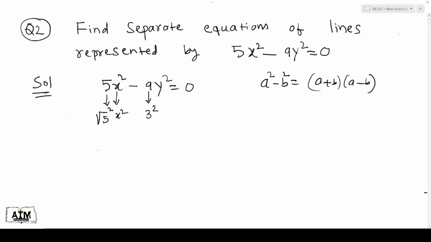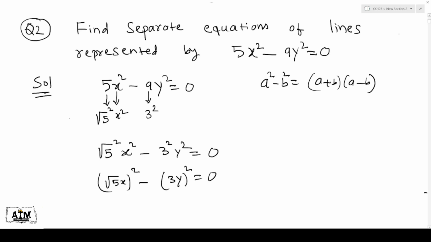So the given equation can be modified: root 5 square x square minus 3 square y square equals 0. This can be written as root 5x whole square minus 3y whole square equals 0.